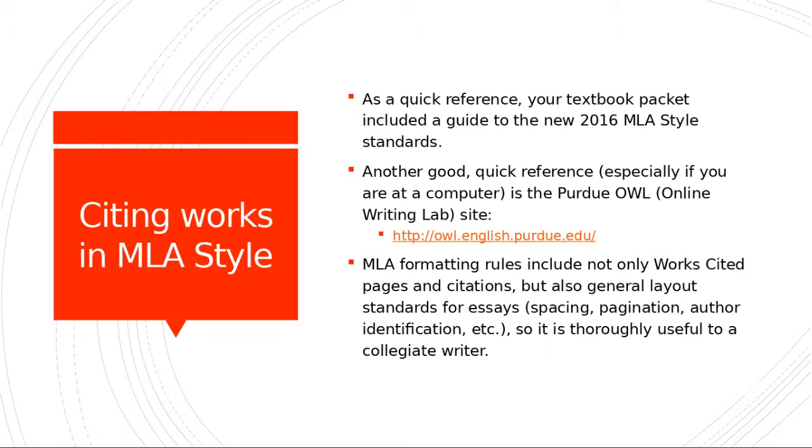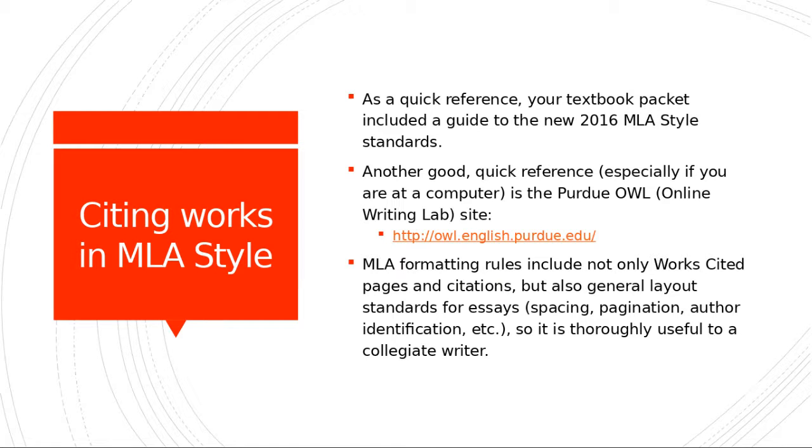As a quick reference, the physical textbook packets include the MLA style guide. The most recent one is 2019. Okay. Another good quick reference, especially if you're at a computer, is Purdue OWL, which I've given you the link for here. And in eCampus, there is a series of links to individual pages at Purdue OWL, which are important for the purposes of works cited, okay, that you're going to need for completing the AntiBibliography.